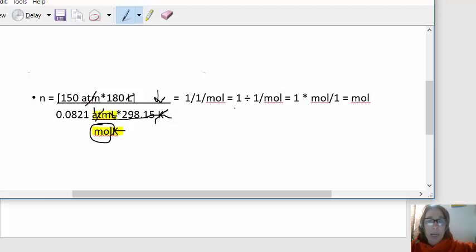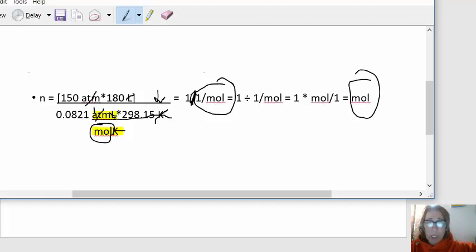We can rewrite that by taking our first fraction bar and writing it as a division symbol. So 1 divided by 1 per mole. When we divide fractions, we take the reciprocal of the second and then multiply. So 1 divided by 1 over mole is equal to 1 times mole per 1. And so we see how our units end up being moles.